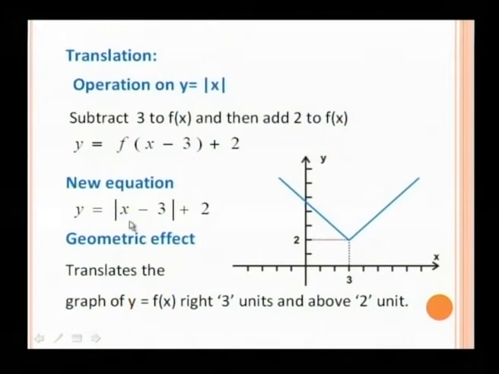As we have seen, the geometric effect of subtraction was that our graph was shifted from the origin to the right 3 units, and then the geometric effect of addition of 2 is that our graph is shifted 2 units above. So finally, the geometric effect of this subtraction and addition to the function is that it translates the graph of y is equal to f of x right 3 units and above 2 units.